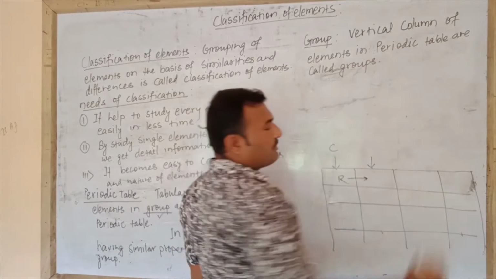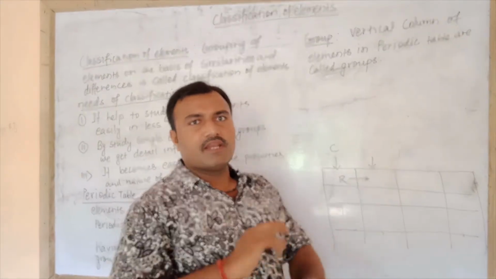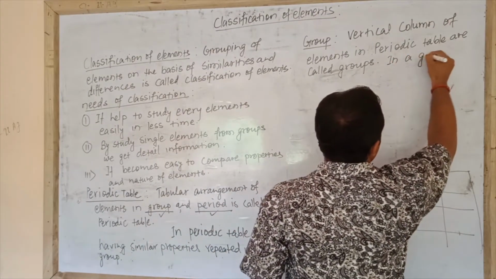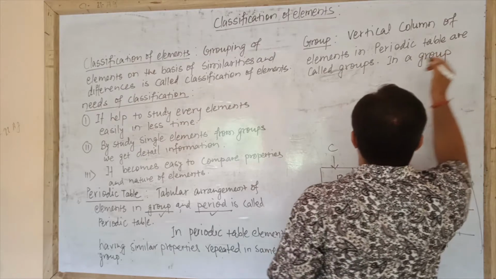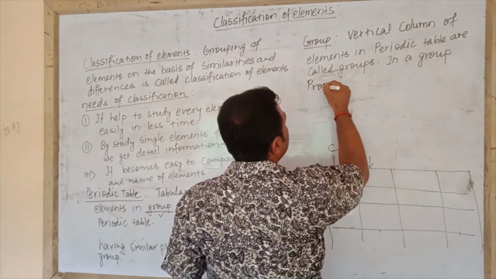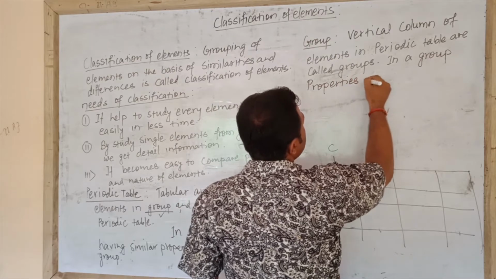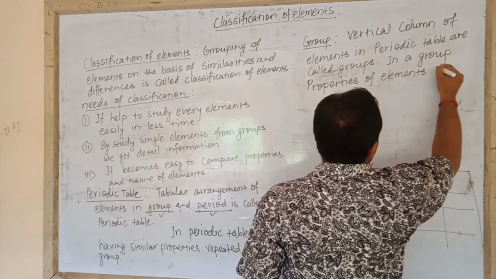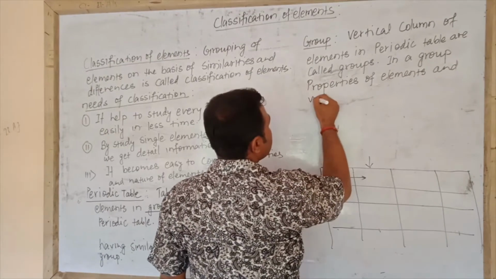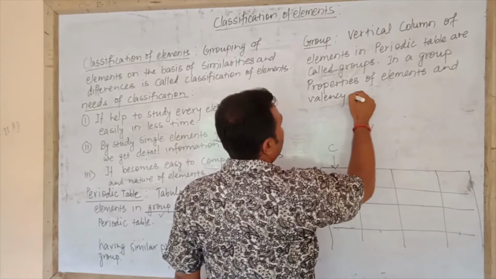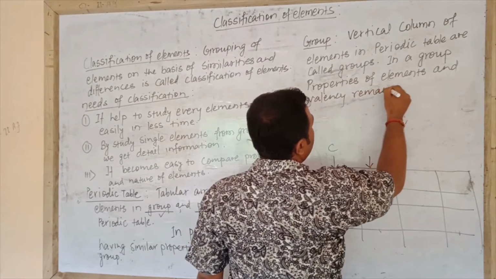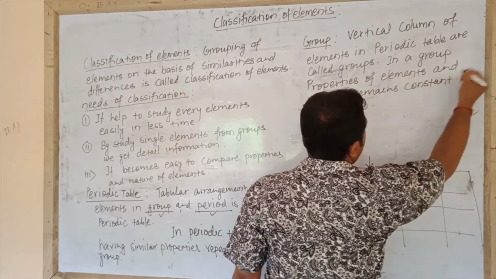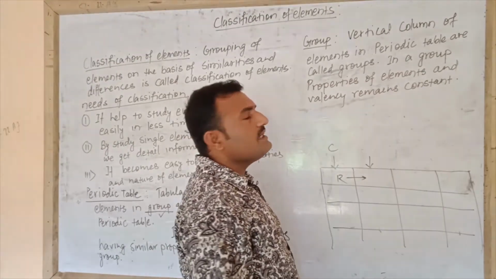In every group, properties remain the same. Here we write that in a group, the properties of elements and valency remain constant, and about 18 groups are found in the modern periodic table.